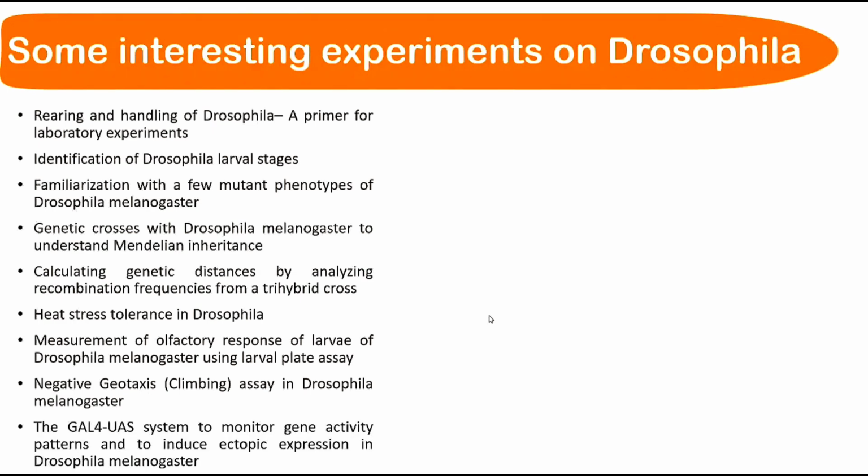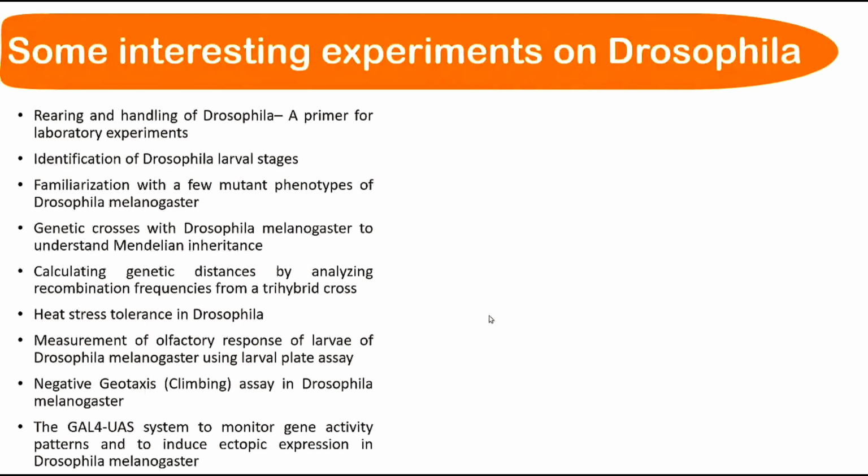Like I said, the GAL4 system has been established wonderfully well in Drosophila melanogaster. So if you can introduce the GAL4 gene into Drosophila and induce ectopic expression, I don't have an image right now, but then you can have a Drosophila with an eye on a leg, maybe, right? So their eyes get expressed on the leg.